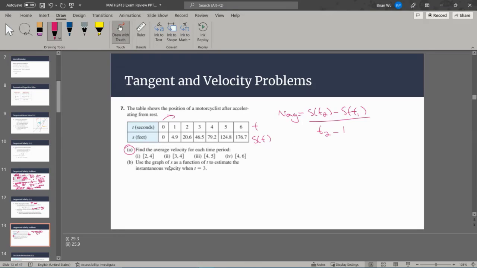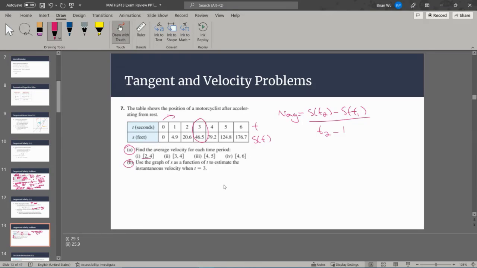And you would plug these in, and you can use these values to kind of estimate the instantaneous velocity at this point. So these basically give you the average velocities or secant lines around that point, and you can estimate.